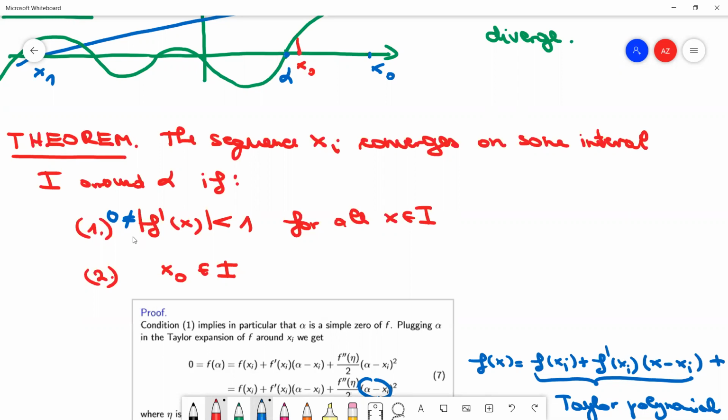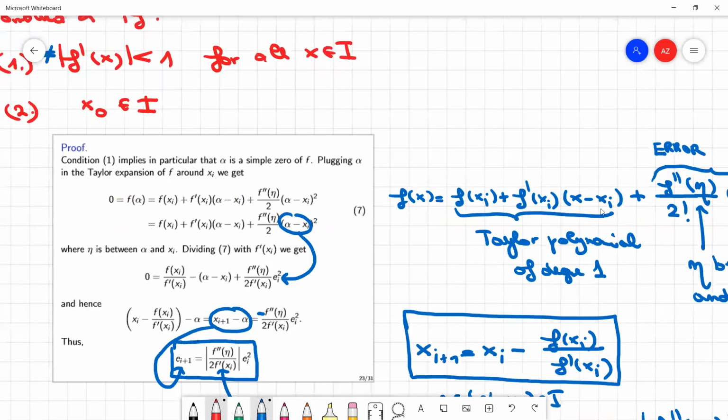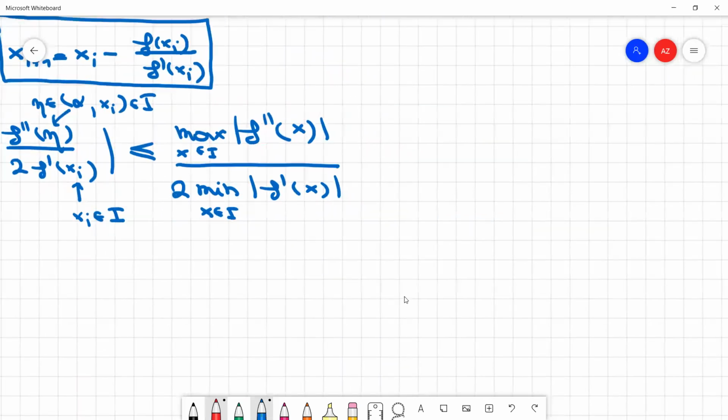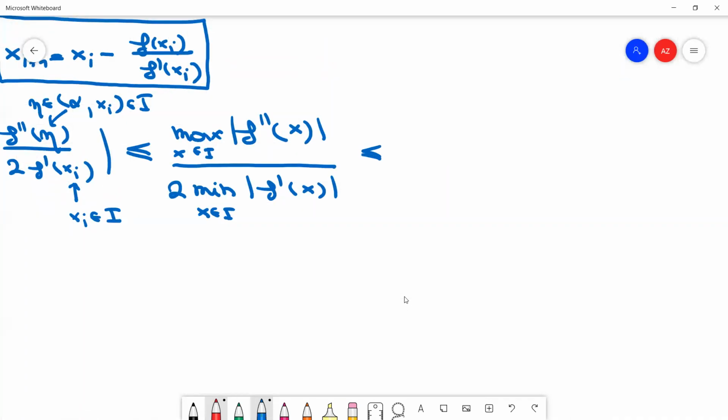We know this from analysis. So we know that this is smaller than some constant m1 in the numerator and, in the denominator, again some constant m2. So altogether it is some constant.